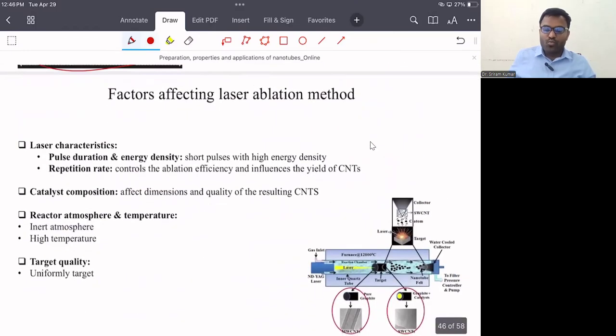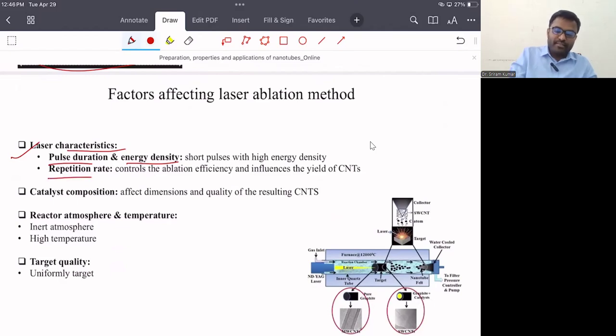Now let's understand what are the factors that can affect overall the quality of the CNT in the laser ablation method. The first important parameter is the laser characteristics. If you want to reproduce quality of the CNT, then we need to optimize the pulse duration and the energy density of laser.